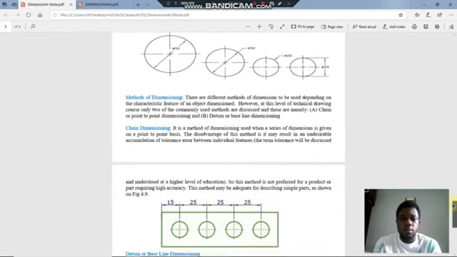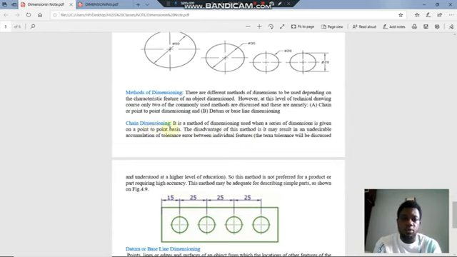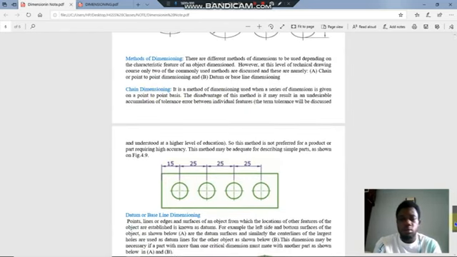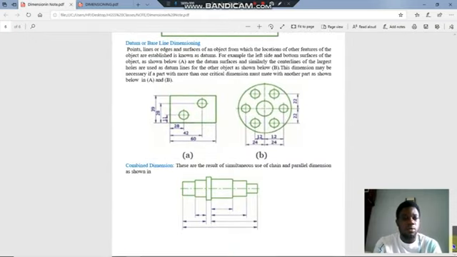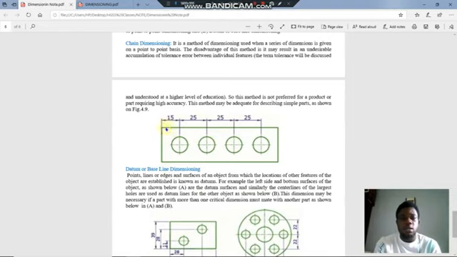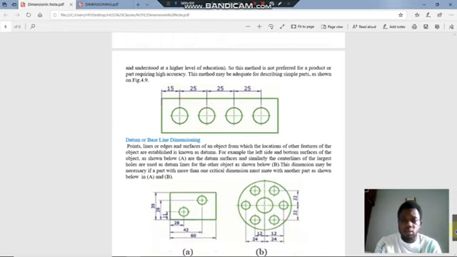And then the methods of dimensioning: we have chain dimension, we have datum or baseline dimension, we have combined dimension. These are the three basic ones we considered here. Now you can see that this dimension continues to the end. We can decide to dimension this separately, and this separately. That is what the second method is.